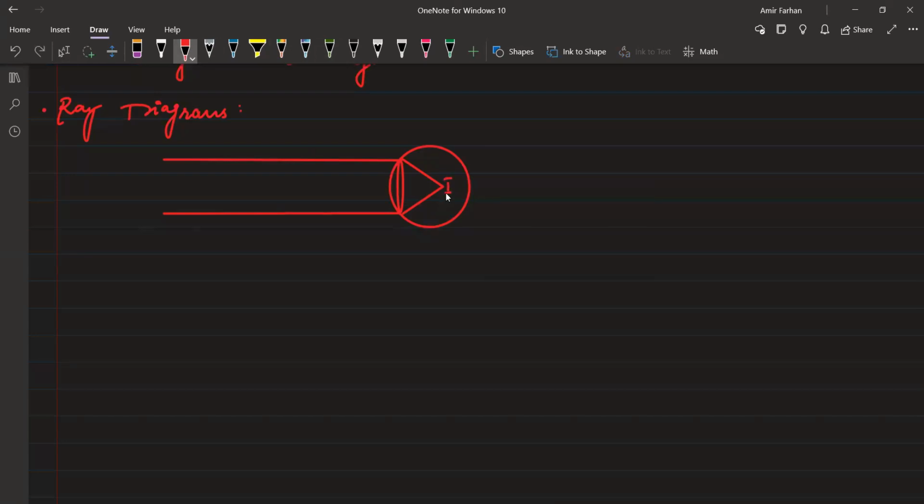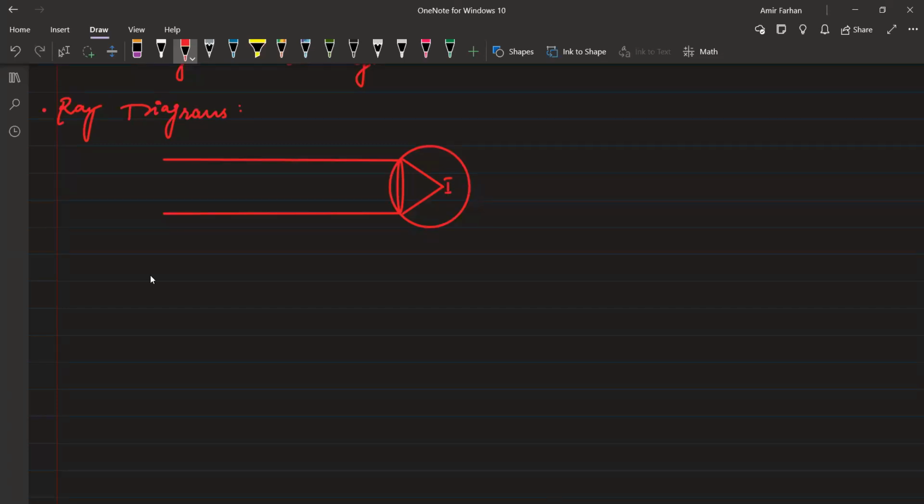So if the image is not formed on the retina, is it possible to see the image clearly? No, sir. How is it possible that the retina will send the proper signal to the brain so that it can be seen properly? So that's why this is the first case.